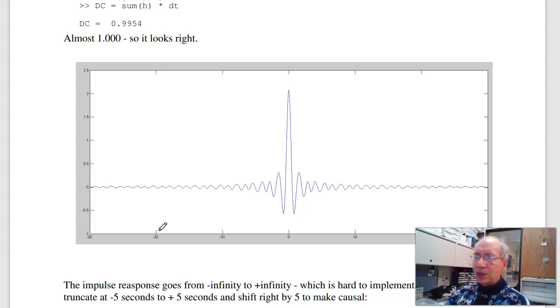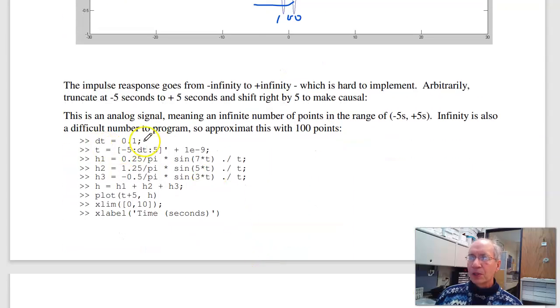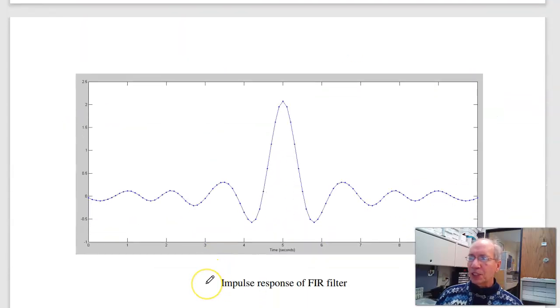That's kind of hard to do, so just to make it approximate, let's go from minus 5 to plus 5, and let's use 100 points in that region. So here's my approximation, going from minus 5 to plus 5. Sampling rate is 0.1 second, giving me 100 points. There's my filter. That's what she looks like.